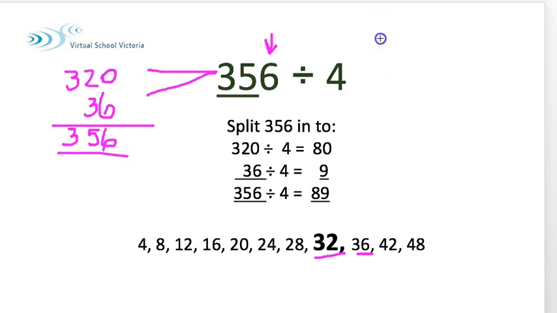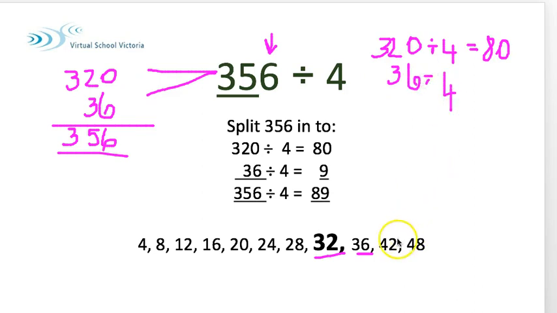Now, if I take 320 and I divide it by 4, if you know your tables, 1, 2, 3, 4, 5, 6, 7, 8. But because it's in multiples of 10, it's 80. And then, of course, I've got 36 divided by 4.